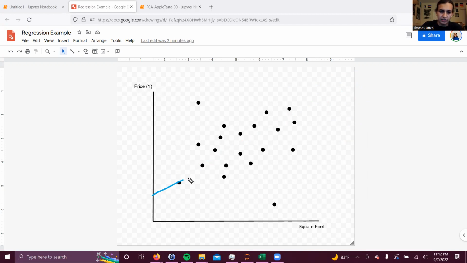It draws a bunch of lines. We're just going to draw one, and we'll use this line as an example. Then it calculates from each of these lines what's called the residuals. A residual is the difference between our predicted value and the actual value. Say for 100,000 square feet we have a predicted value of, let's say, $150,000, that's how much we would predict with whatever line we drew.